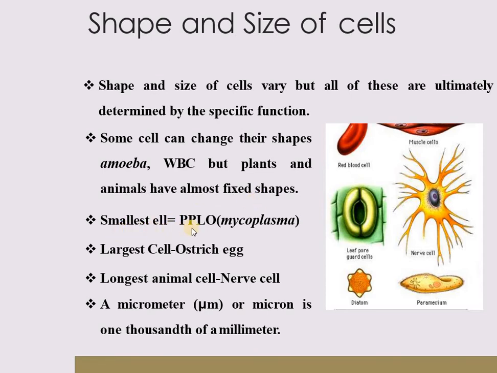The smallest cell is the PPLO, mycoplasma, and the largest cell is the ostrich egg. The longest cell is your nerve cell. These are a few exceptions, or examples, that you must always remember.